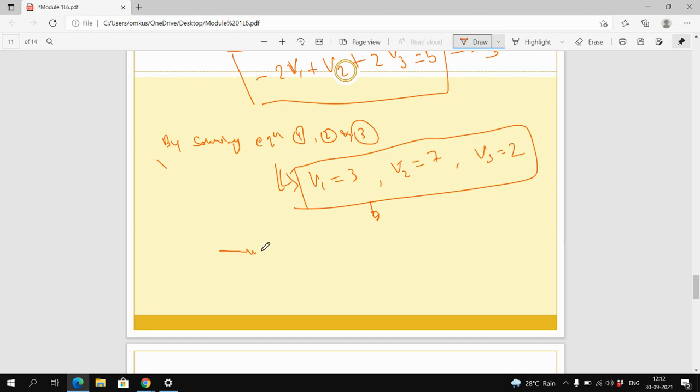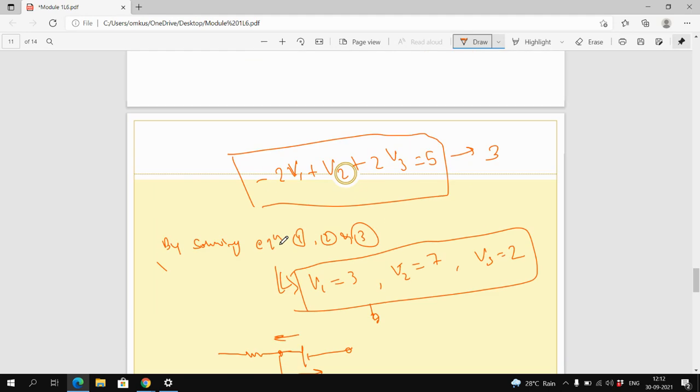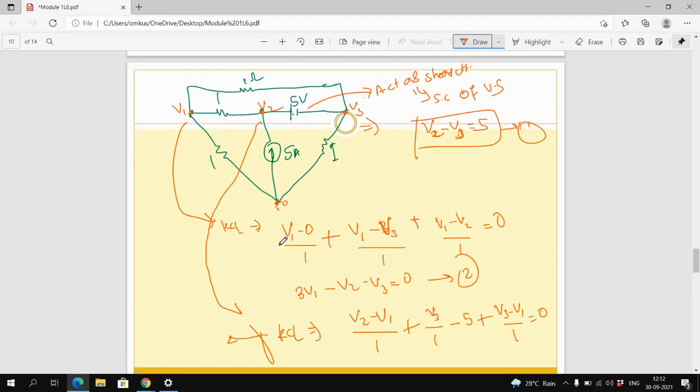Now see, when this voltage source delivers the power, the direction of current is from this side, right? But when this voltage source consumes the power, then the current direction is from the other side. Now see, this potential is V2, right?